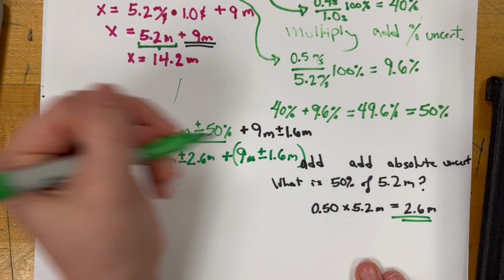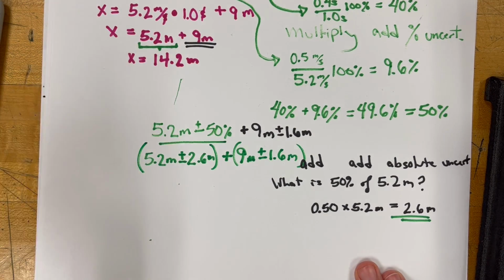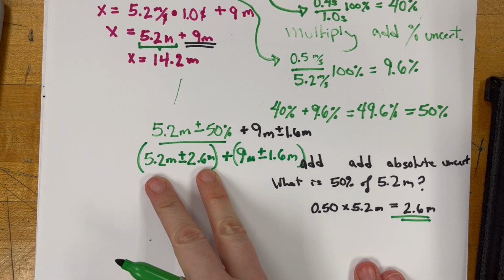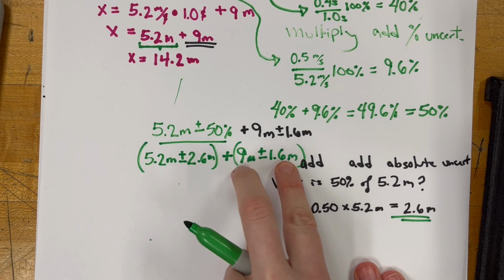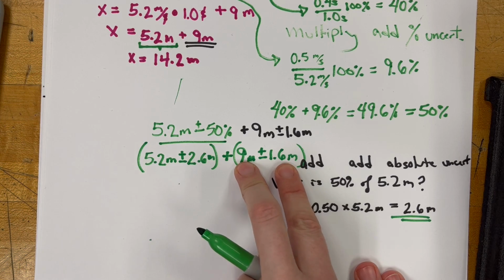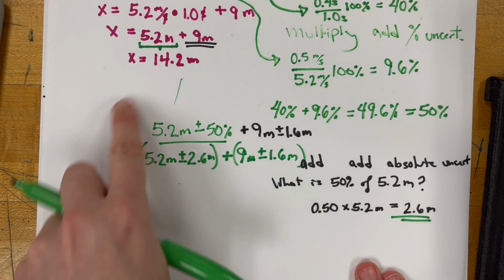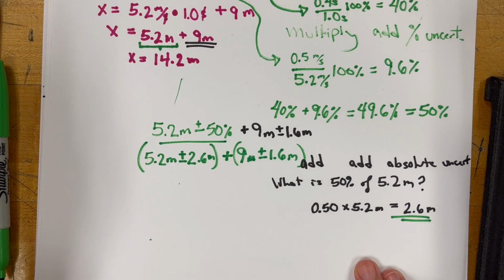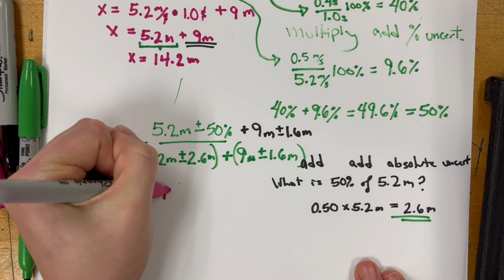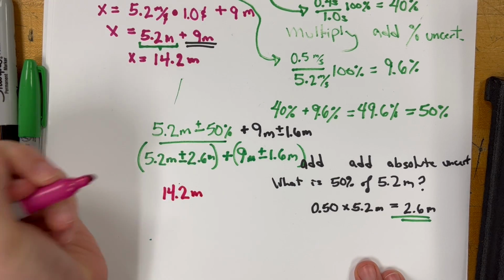And I'm going to put in some parentheses that are technically unnecessary, but I think help really clarify that this is a number and its uncertainty, the value and its uncertainty, and this is a number, the value and its uncertainty. And I actually already know what they are added together because I did that before. I know it is going to be 14.2 meters.